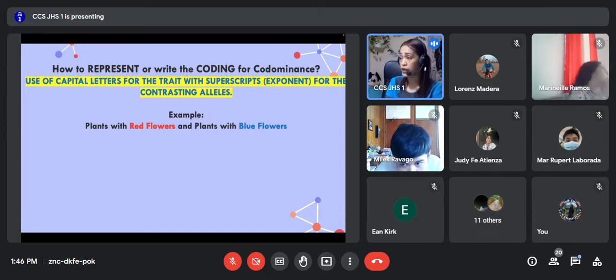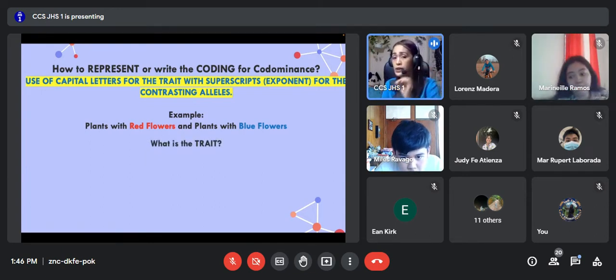You have red flowers and blue flowers. Now, my first question, based on that statement: what is the trait? What about the plant are we focusing on? If you have red flowers and blue flowers, what does it describe about the plant?